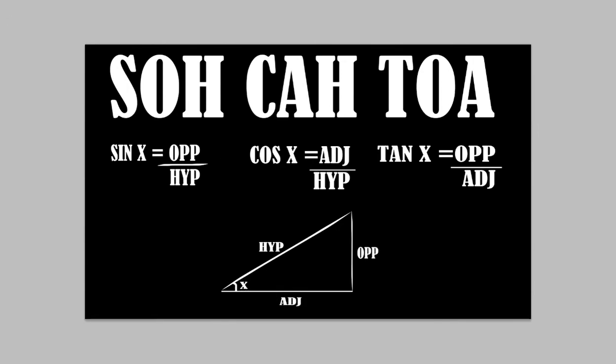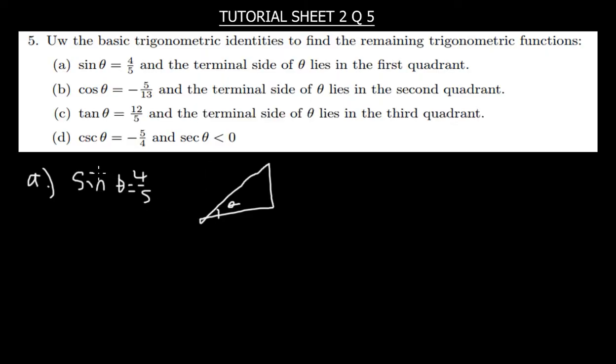So sine theta is opposite over hypotenuse, which means our opposite is 4 and our hypotenuse is 5.